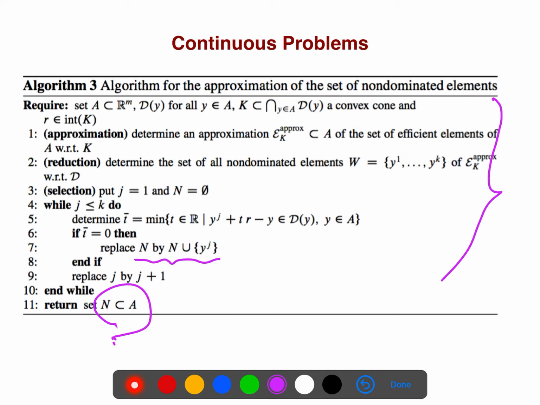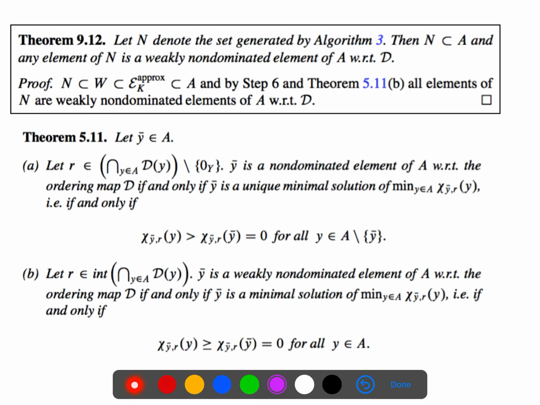At each iteration, we try to add one more non-dominated element, and finally, we collect all of them. So the theorem says that if N is the set that I just talked about, then N is a subset of A, and any element of N is a weakly non-dominated element of A with respect to D.